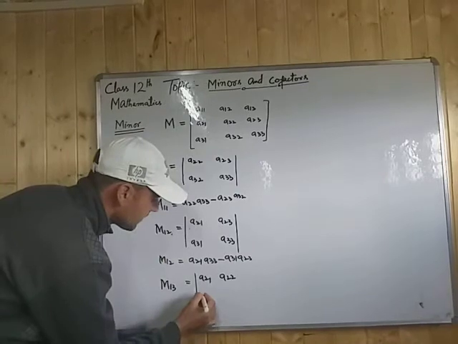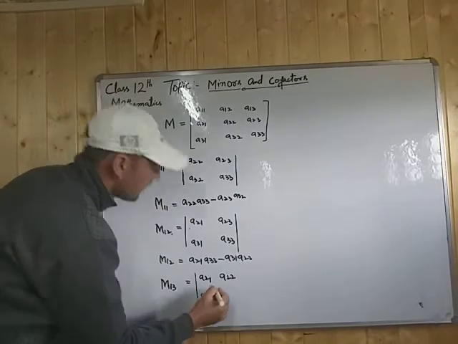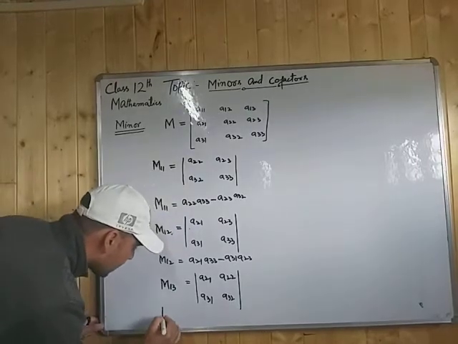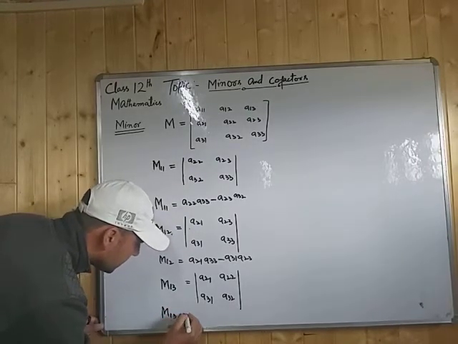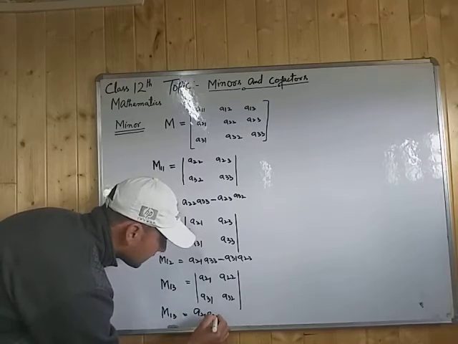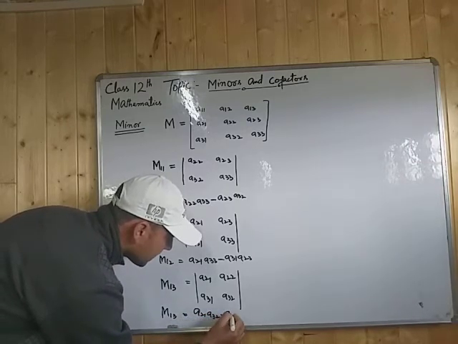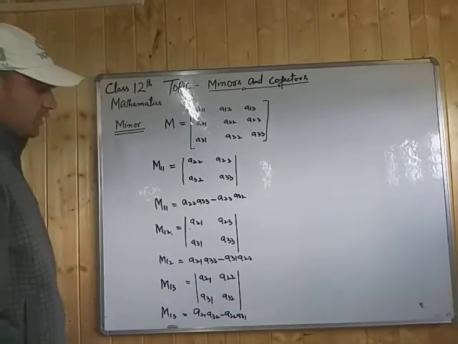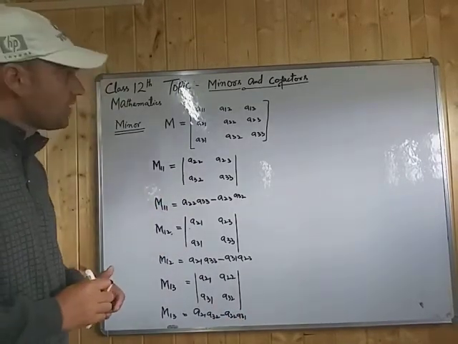So this will be A21, A22, A31, A32. If you expand this, M13 is equal to A21 A32 minus A22 A31. So this was the third minor.